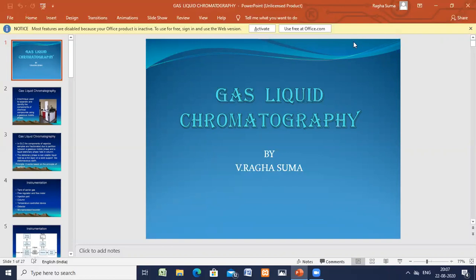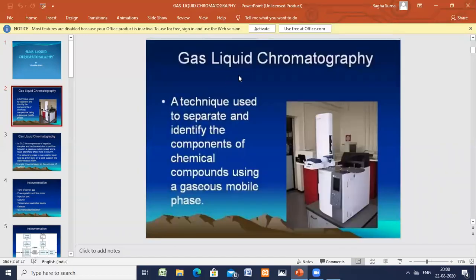Now let us see about gas liquid chromatography. It is a technique to separate and identify components of chemical compounds using a gaseous mobile phase. Actually, this is a subclass that has emerged from gas chromatography.